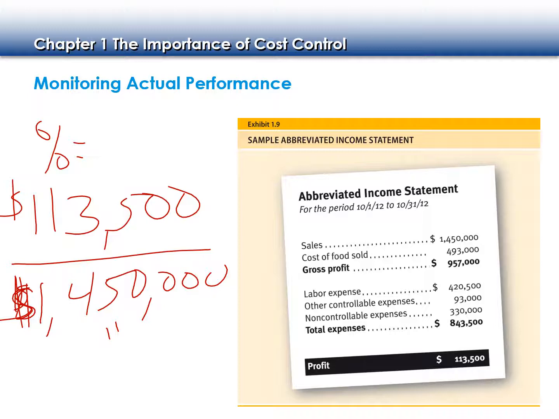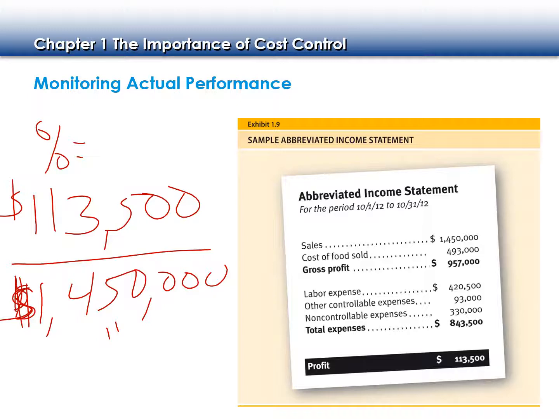Absolutely. We can replace cost with the word profit. So the triangle is effective either way. So now if we're looking for the percentage profit, what do we cover up? Percent, and we have what's left over? Profit divided by sales. And what do we get?